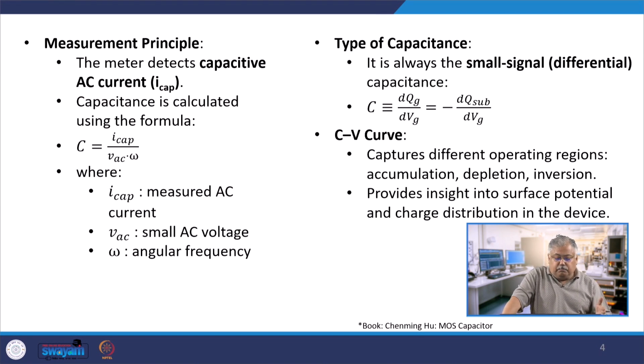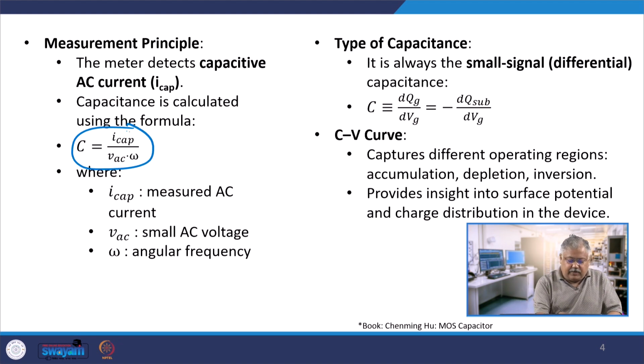Now, the quantity which the meter measures is the capacitive AC current. So, there are two currents which we generally find out: one is the DC current and the other is the capacitive AC current. If you look carefully, the capacitance is calculated by the formula C = I_cap / (omega x VAC), where I_cap is the measured AC current, omega is your angular frequency, and VAC is the small AC voltage which you give.